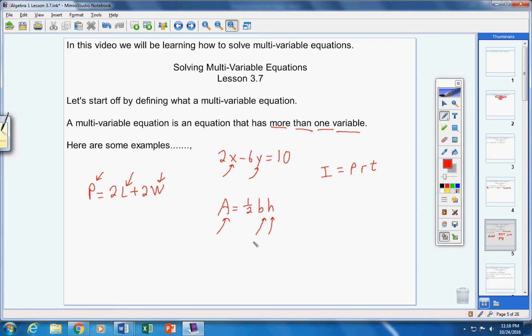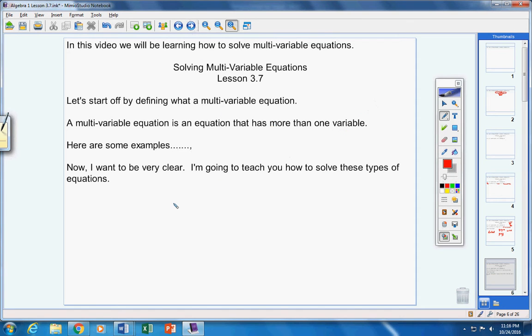Got it? In the past, we've been solving linear equations, right? Well, all of those equations had how many variables? One. Now we're getting into multivariable equations. Now I want to be very clear. I'm going to teach you how to solve these types of equations today. I'm going to give you very clear, simple steps to use.